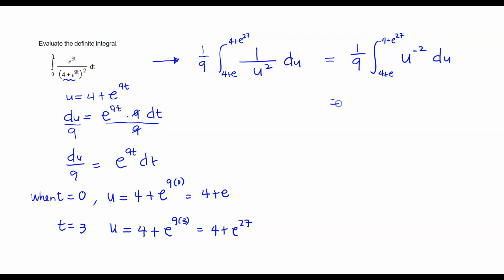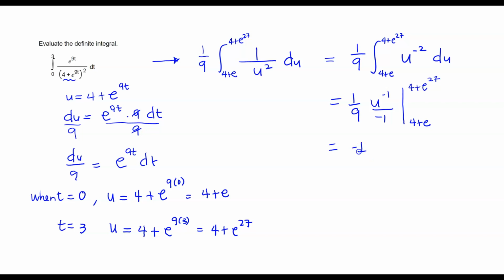Now you're ready to integrate. So you have 1 over 9, and the integral of u to the negative 2 is u to the negative 1. So you add 1 to negative 2, that's negative 1, divided by negative 1. Then you evaluate it from 4 plus 9 to 4 plus 9 e to the 27.